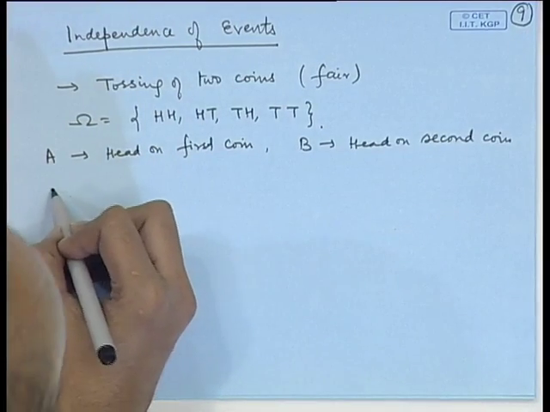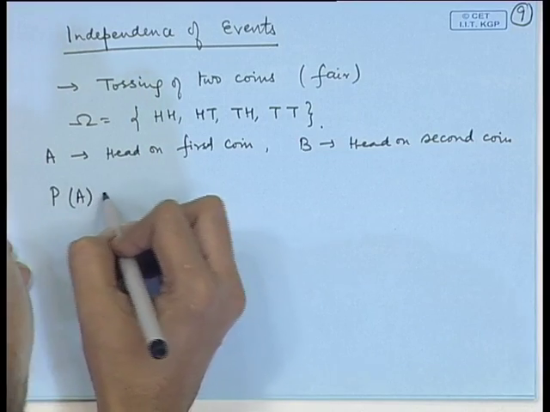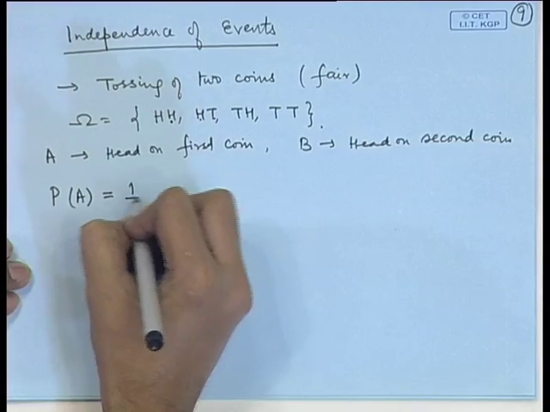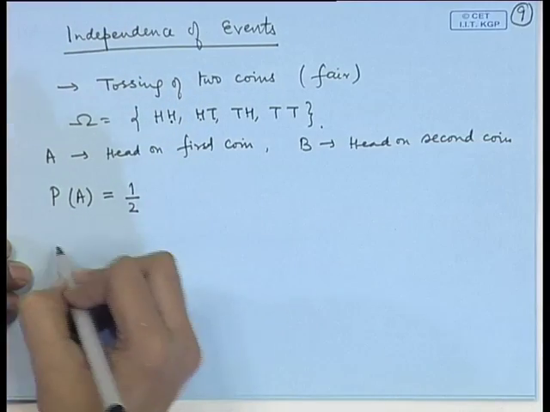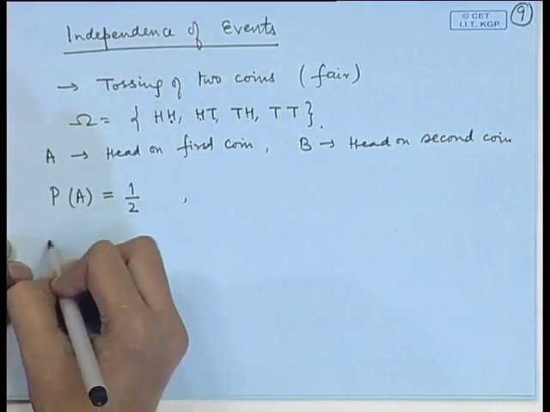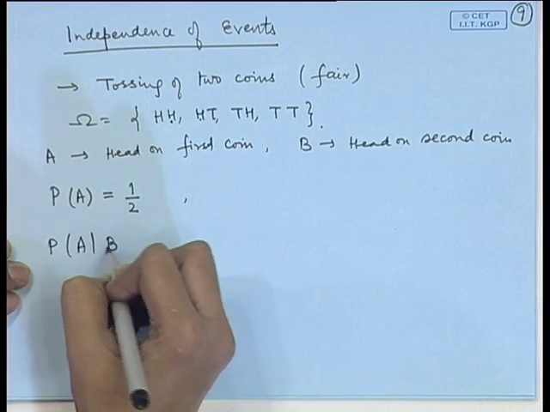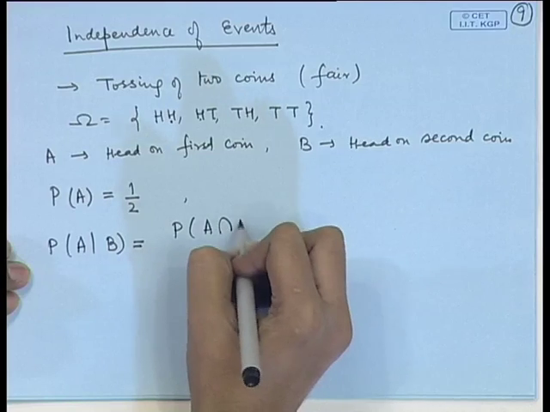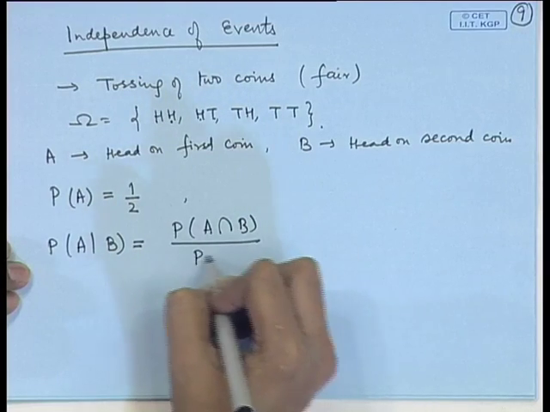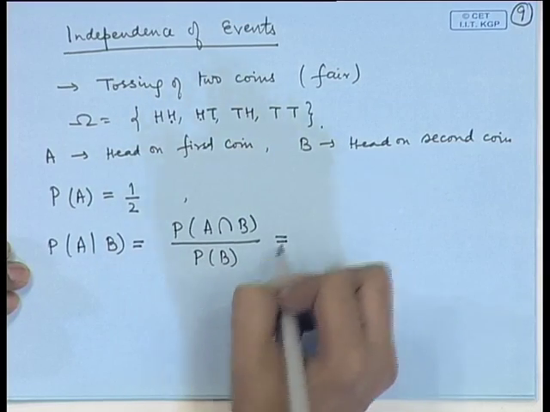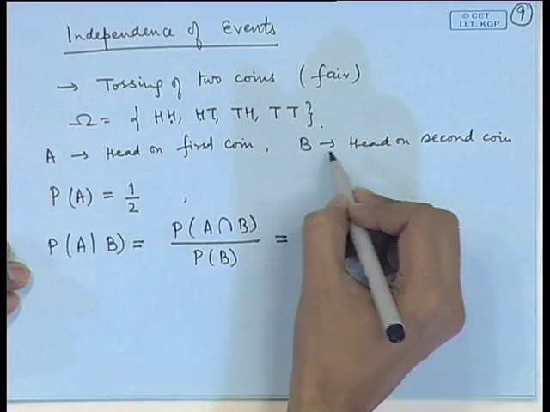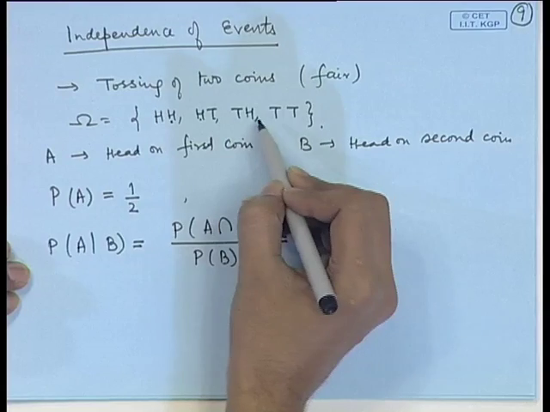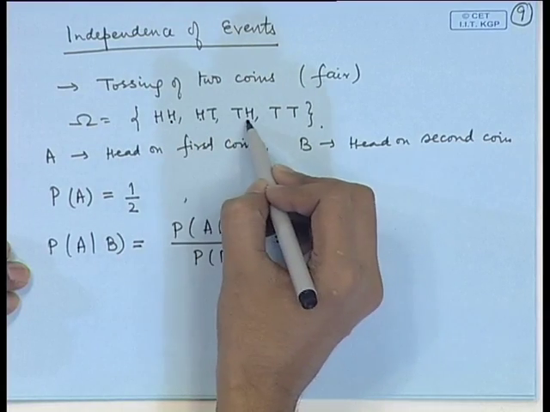If I look at the probability of say A, head on the first coin is in HH and HT. So, it is half. Suppose I consider probability of A given B, then it is equal to probability of A intersection B divided by probability of B. Now, probability of B is simply equal to half, because we are saying head on the second coin, head on the second coin is occurring in this and this.